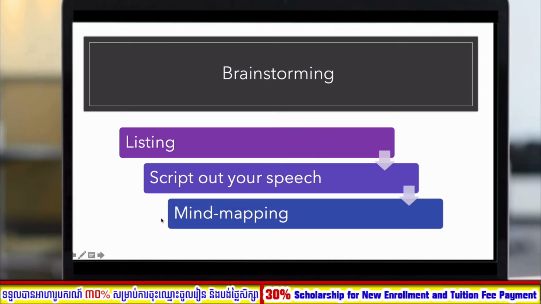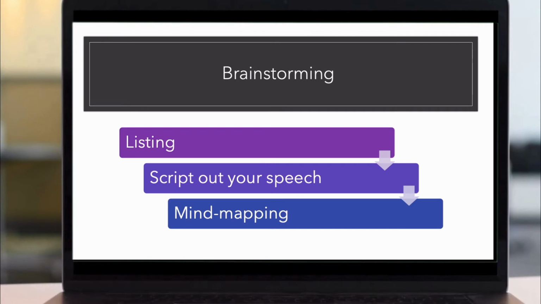Last but not least, draw a mind map as you have done in the writing class. The benefit of mind mapping is that it gives you the idea of connections from one point to another, and it will give you the flow of your presentation a lot. So as you can see, the benefit of brainstorming applies not only to the writing skill, but also to the speaking skill as well.